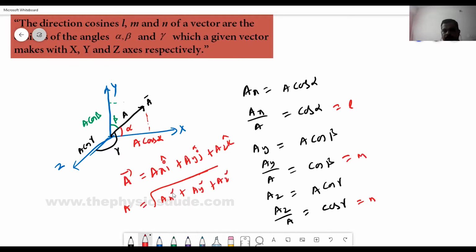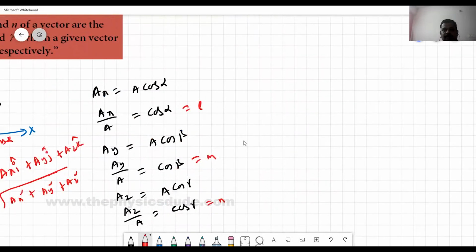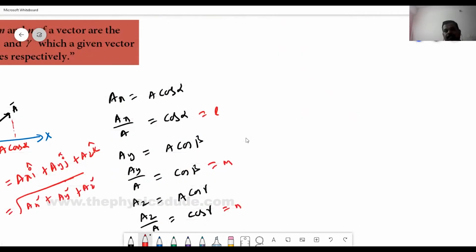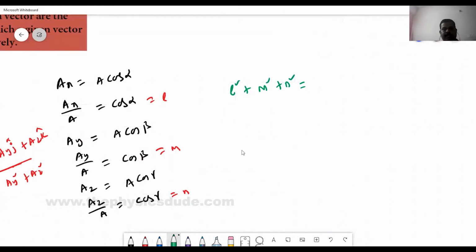Now let me calculate the value of l square plus m square plus n square. What is l? I got ax by a. So I can write this as ax upon a whole square, plus ay upon a whole square, plus az upon a whole square.